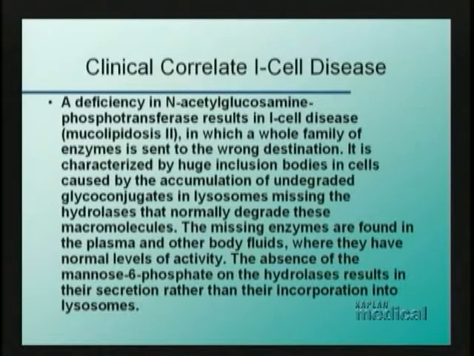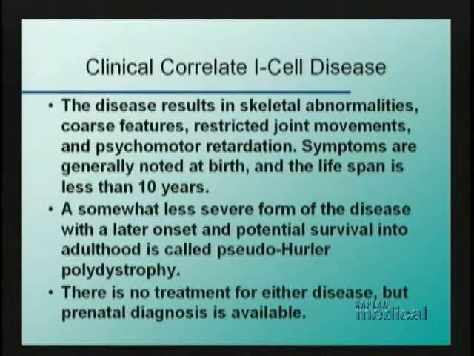Basically, these enzymes will not be targeted and will not be incorporated into lysosomes, and instead will be merely released into the bloodstream and into other body fluids. And basically, it's the absence of these mannose 6-phosphate residues on those hydrolase enzymes that results in their secretion rather than in their incorporation into lysosomes. And typically, this disease results in a wide variety of skeletal-based abnormalities and a lifespan that's typically less than 10 years.